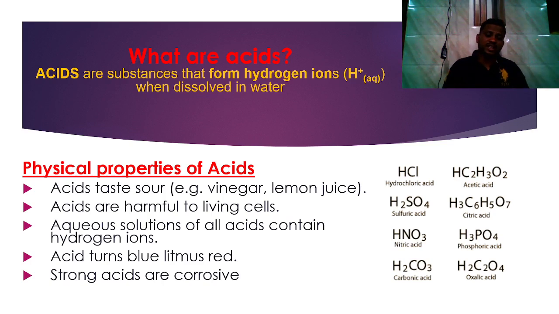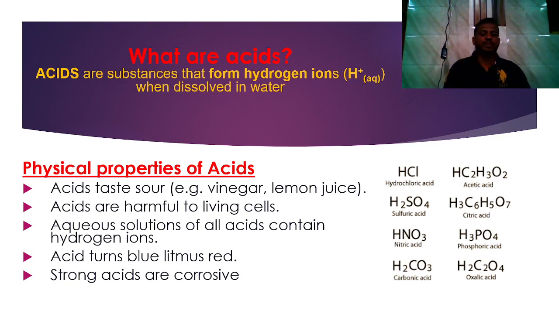And the third point is that the aqueous solution of all acids contains hydrogen ions. It means when an acid is in aqueous solution, which we call a liquid solution, it contains hydrogen ions. Acid turns blue litmus paper red.